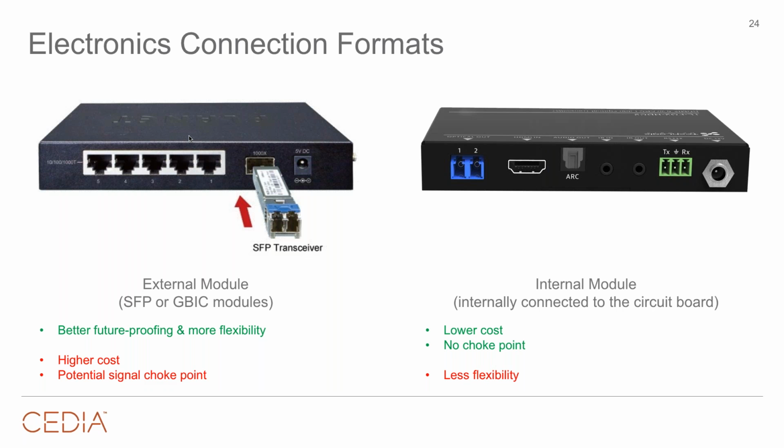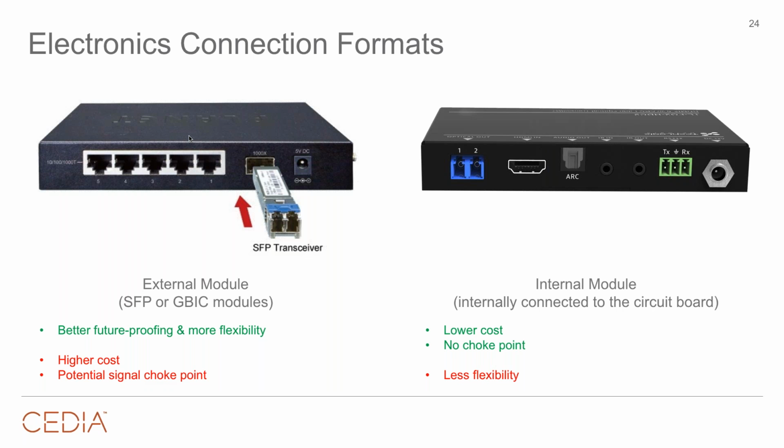Two different ways to make your products, very different ramifications when you build in each way. We at TechLogix, we build in both ways. So we have equipment that uses SFP modules. We have equipment that has the fiber connectors physically connected to the board. It's physically soldered onto that circuit board inside the product.